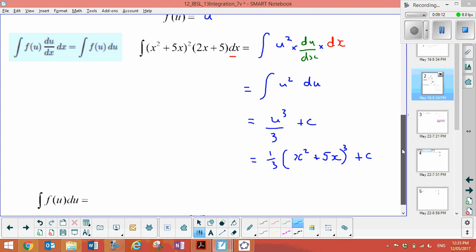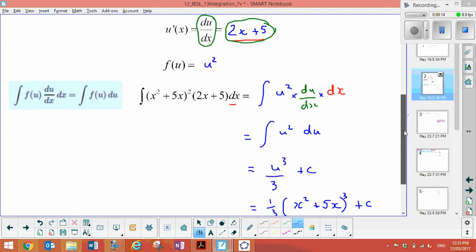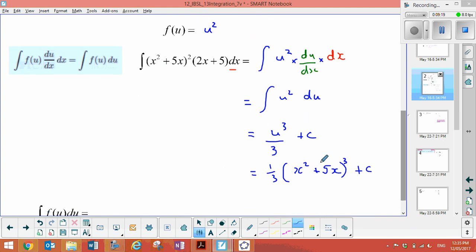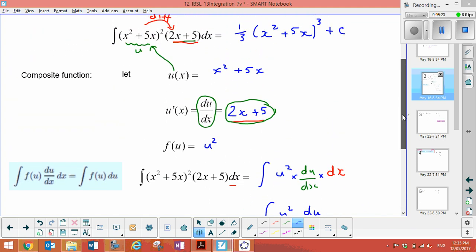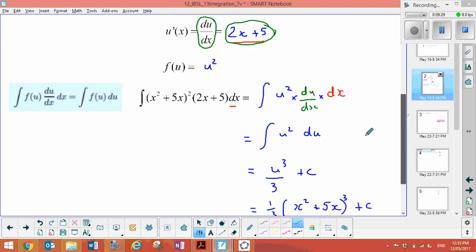All right, so we've got a system now, a mathematical way of showing why we can integrate, where that third comes from. So we don't have to sort of guess about what to put out the front here. We've got a way of being able to formally integrate when we've got two functions being multiplied and one is the derivative of the function that's inside another function. So this here is like a composite function.